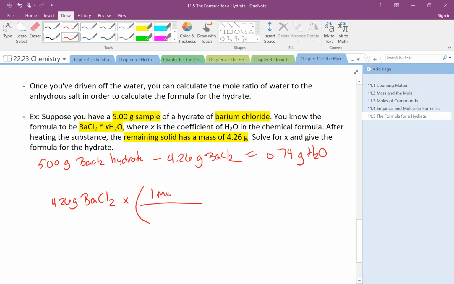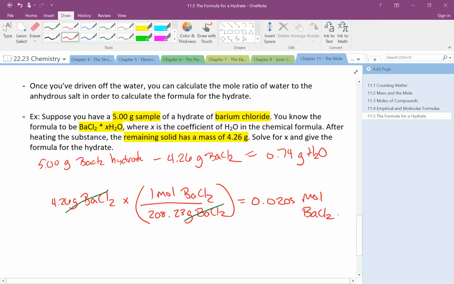I know that 1 mole of barium chloride has a mass of 208.23 grams. I'm going to include my unit for the identity of the species in this calculation. Cool. So my grams of barium chloride will cancel, times 1 divided by 208, and my answer will be 0.0205 mole of barium chloride.